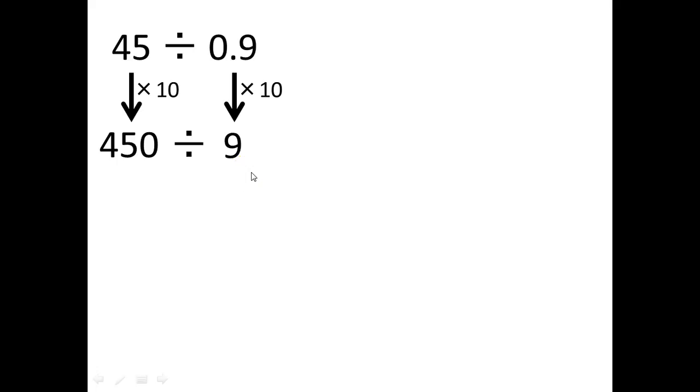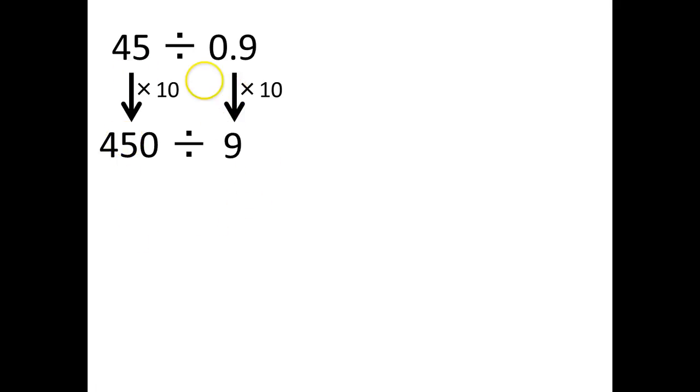Again, it is important to understand that the quotient of this number sentence is going to be the same as the quotient of this one, because we followed the rule of division and multiplied both the divisor and the dividend by the same number.